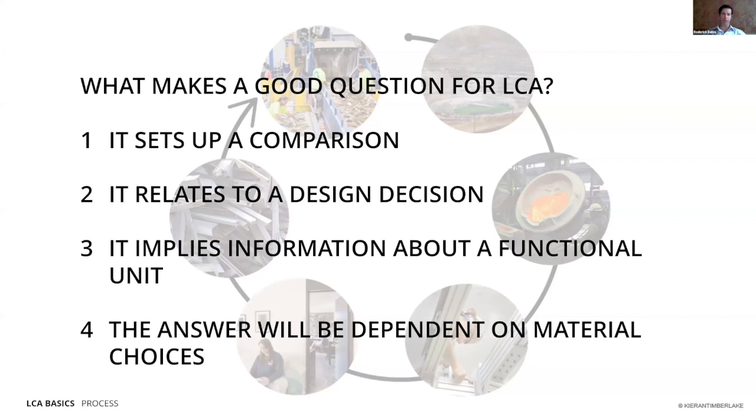And that application is consistent amongst the options that you're comparing. And then the last thing is that the question is one that actually matters with regards to the materials you're selecting. So it helps you, say, choose between options that are not only about materials, but also perhaps about dimensions, structure, and things like that.